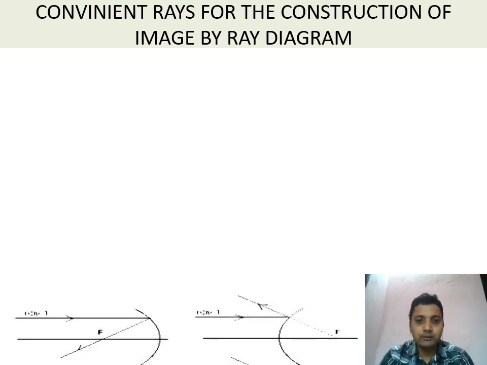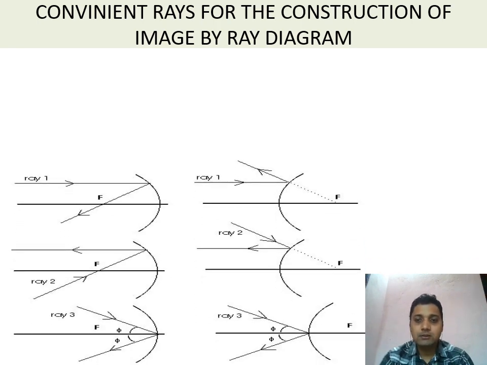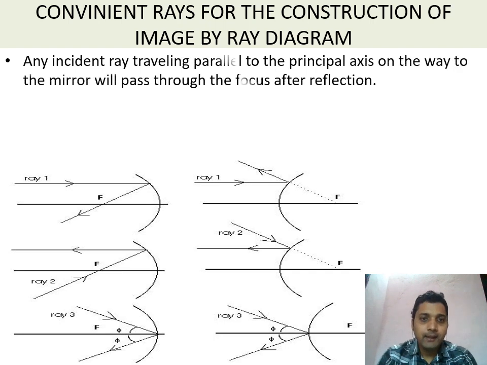First rule: any incident ray traveling parallel to the principal axis on the way to the mirror will pass through the focus after reflection.